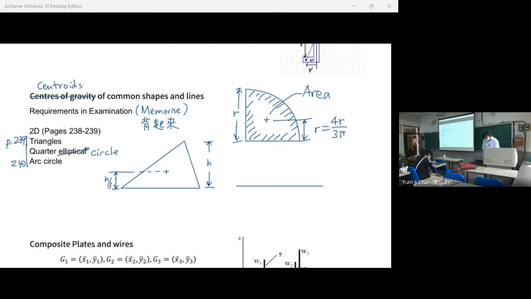Let me use a very thick line here. We have the radius r, and we have angle alpha and alpha here, and this is x. So x bar is equal to.